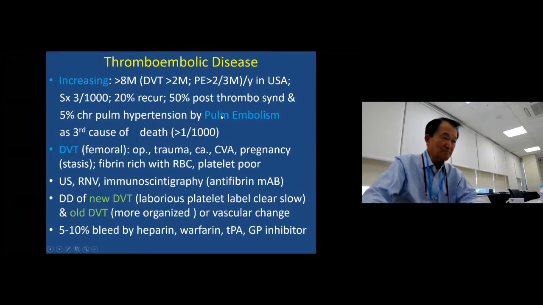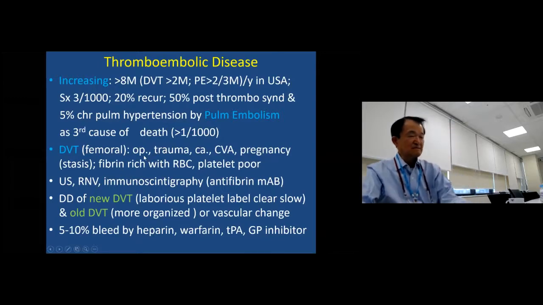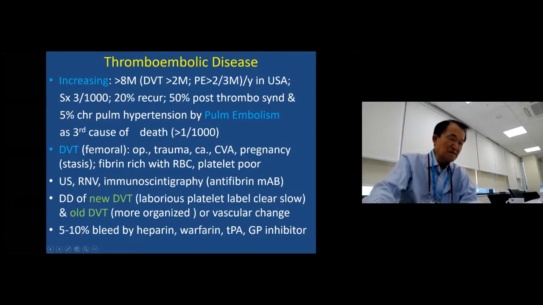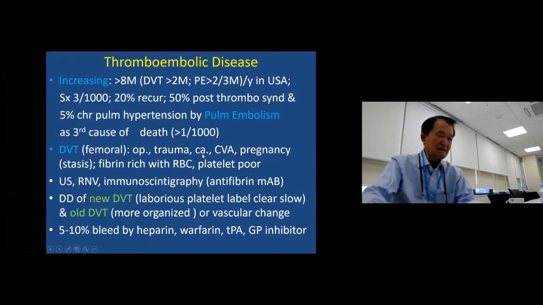And deep vein thrombosis contributes to the pulmonary emboli, but this deep vein thrombosis, I'll mention in detail later on, is often caused by operation, trauma, cancer, stroke, pregnancy, and certain conditions where fibrin is mixed with the red cells.